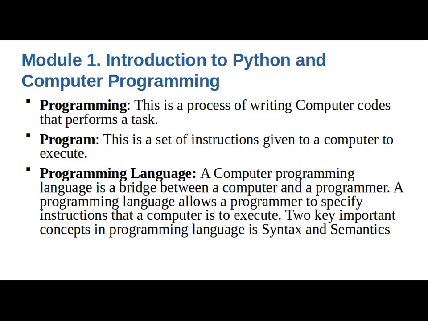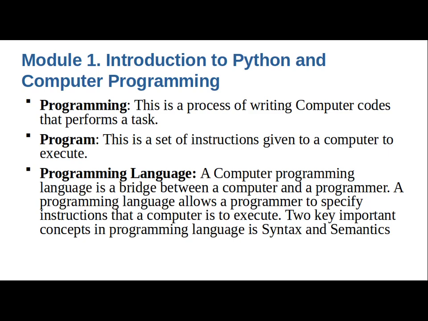The process in which that program was created is what we call programming. The process in which someone sat down, probably somewhere in the world, on his computer, putting together thousands of lines of code to create Microsoft Office Word is what we call programming. At the end of doing that, the end product is what we call a program.